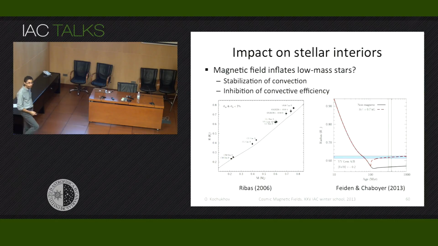It inflates M dwarfs. And there has been a study by several people, in particular this group has managed to reproduce some of these observations by introducing a magnetic field into the calculation of interior stellar structure.